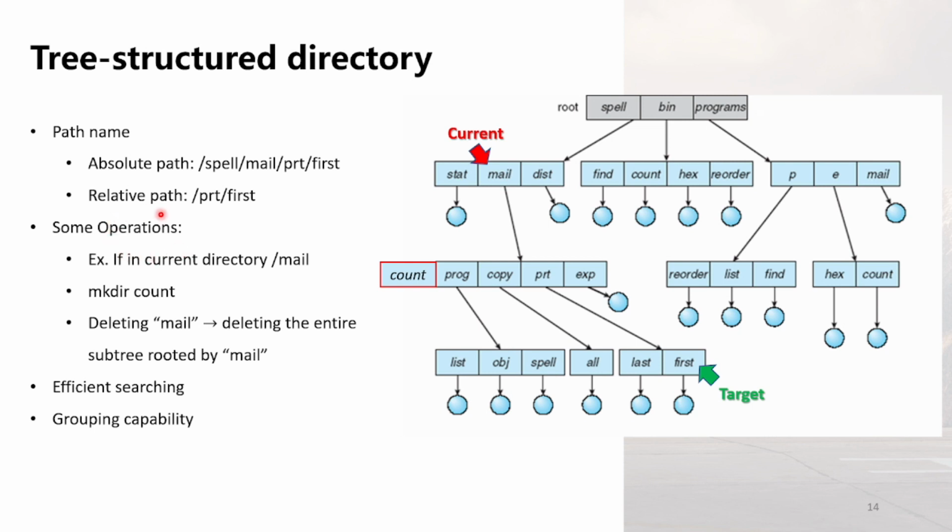Moving on to operations, if we are in the mail directory, creating a new directory called count would be done using the mkdir command, highlighted here in red. On the other hand, deleting the mail directory would remove the entire subtree rooted by mail, effectively deleting all subdirectories and files within it.